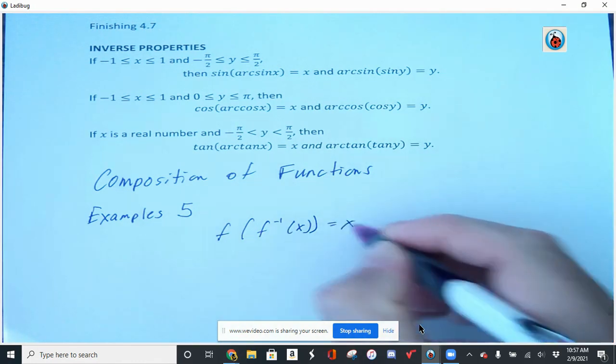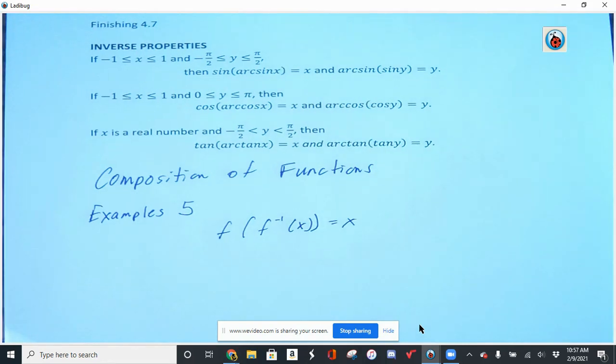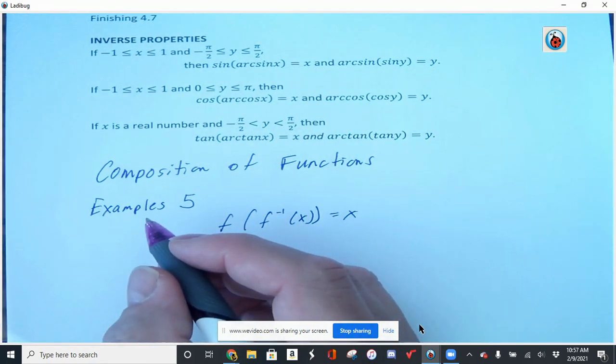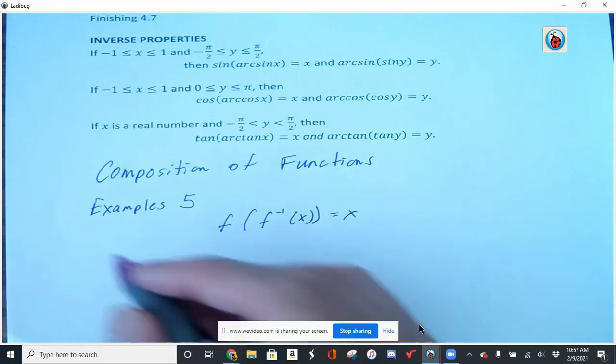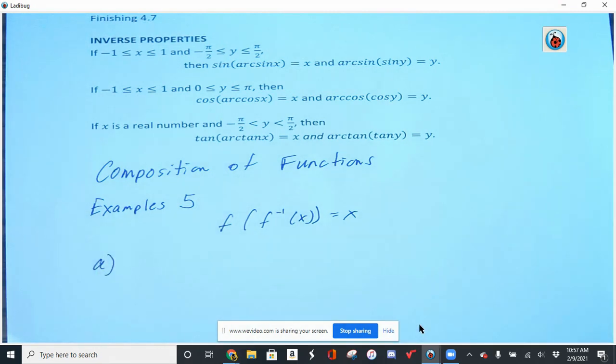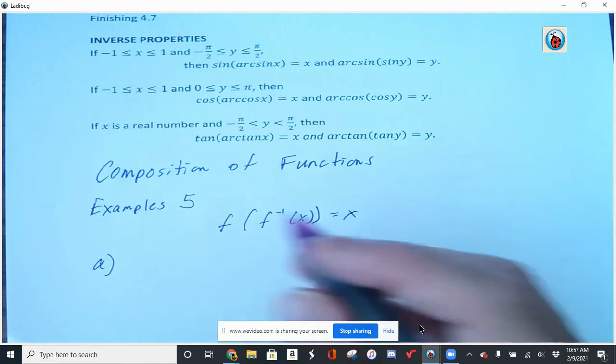So composition of functions is taking two or more functions and using them in some sort of operation. In example number 5, the instructions are, if possible, find the exact value. So there are three different problems. We might do all three.